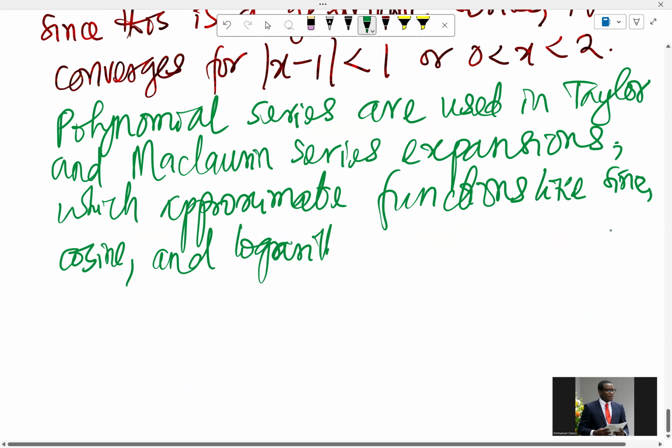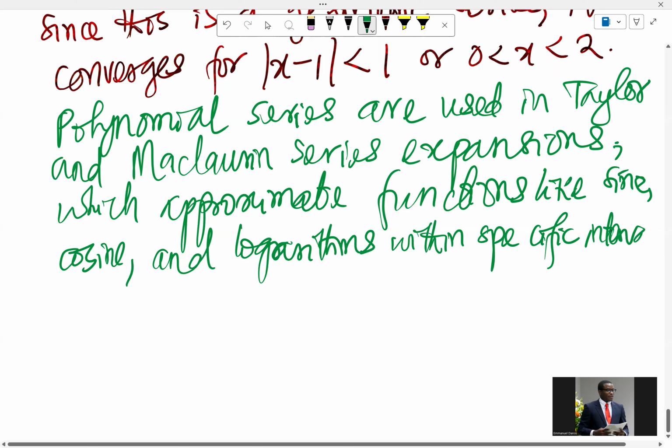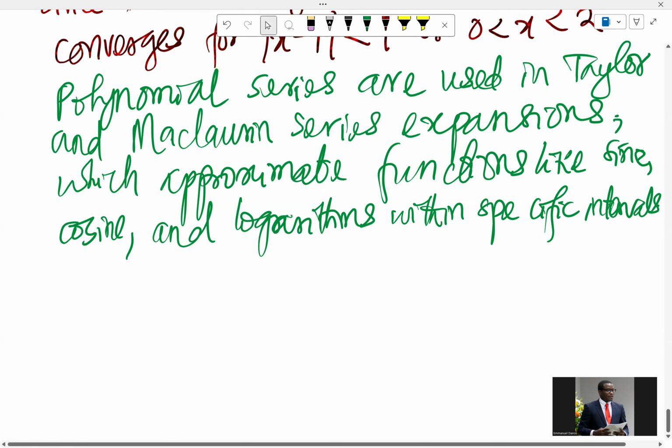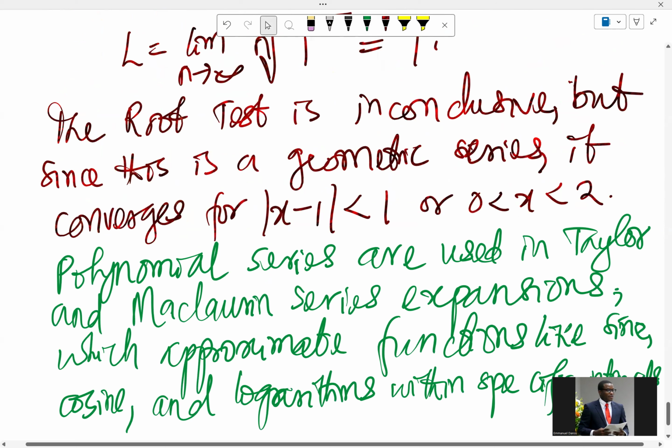I think they are generally known as transcendental functions, and logarithms within specific intervals, as one application of this. Okay, that's the first one down.